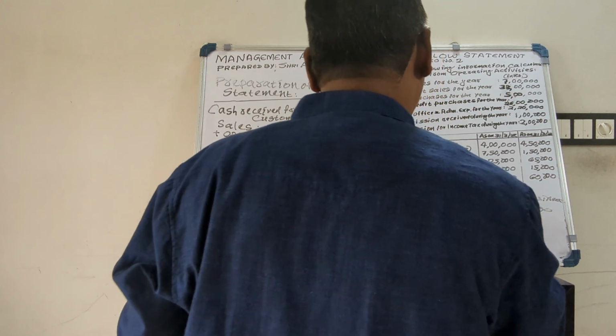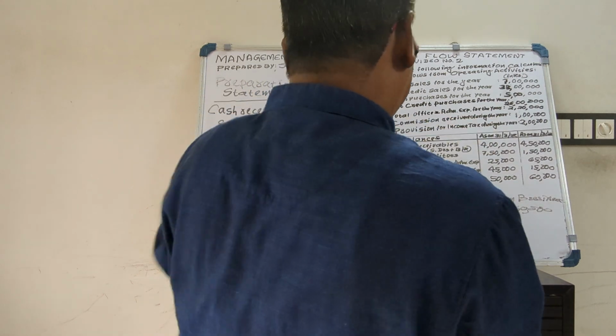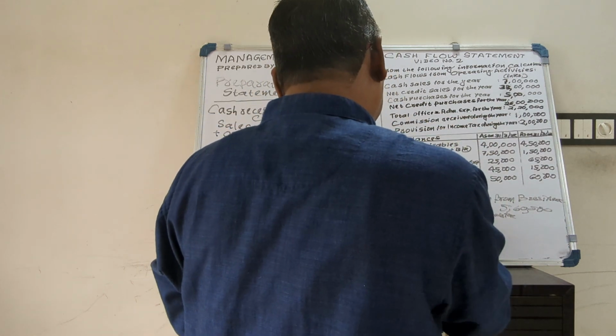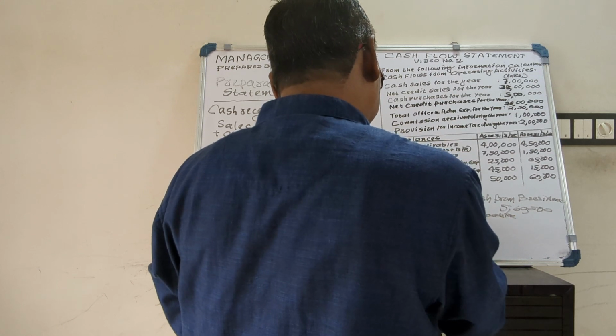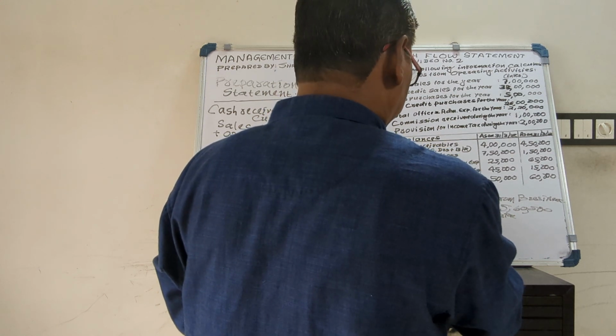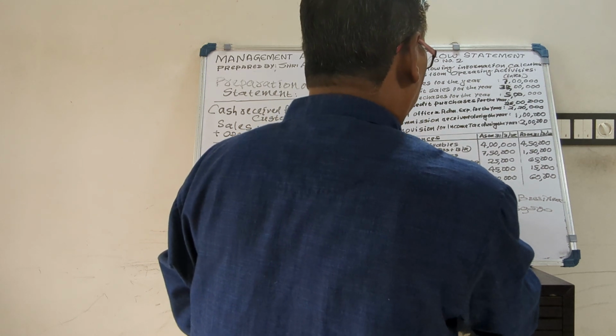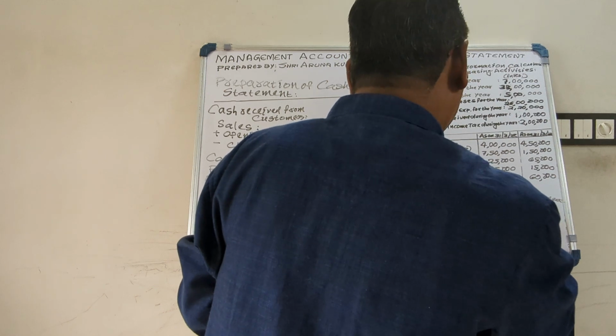So in this case, the provision for income tax during the year is 2 lakhs.